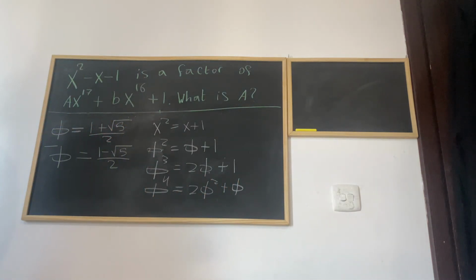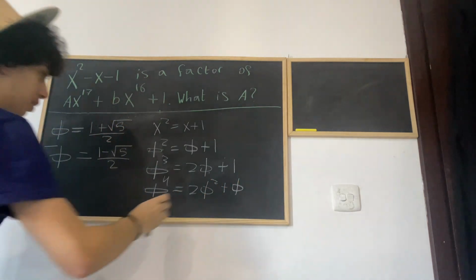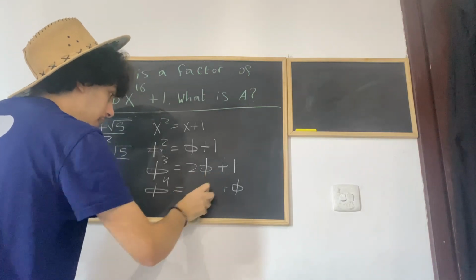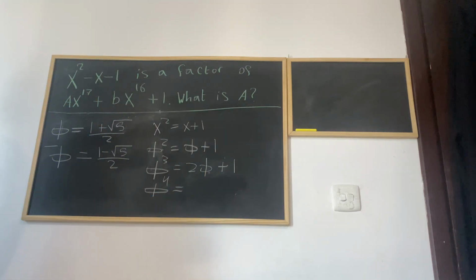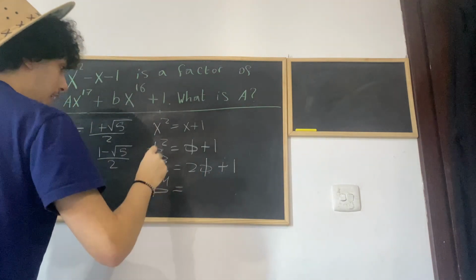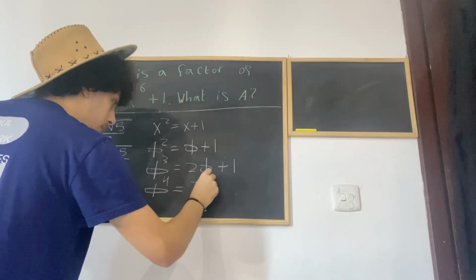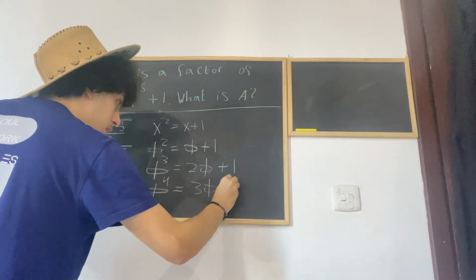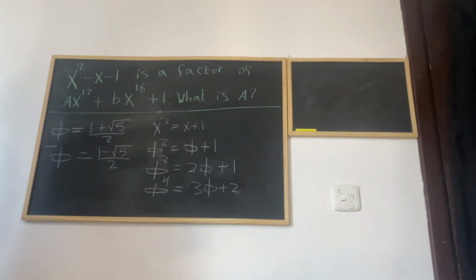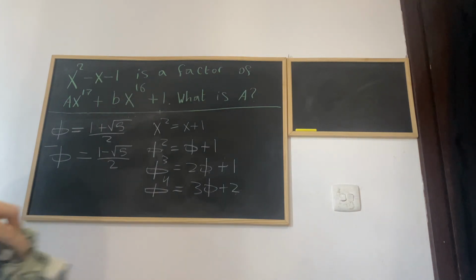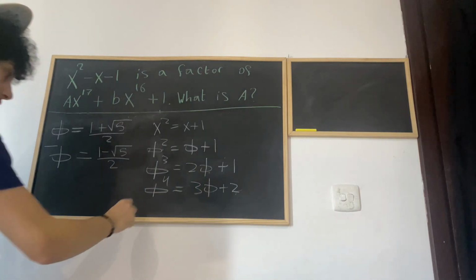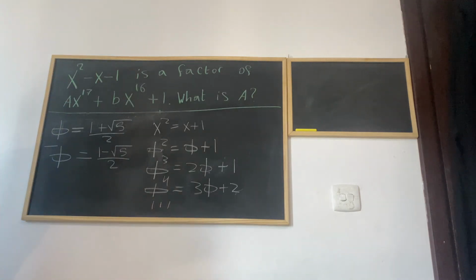But didn't we say phi squared was phi plus 1? So if we substitute that in, expand, and then simplify, we're going to get that phi to the power of 4 is equal to 3 phi plus 2. Now, I'm not sure if you see the sequence quite yet, but I'm not going to keep going. I will make the connection much more clear.